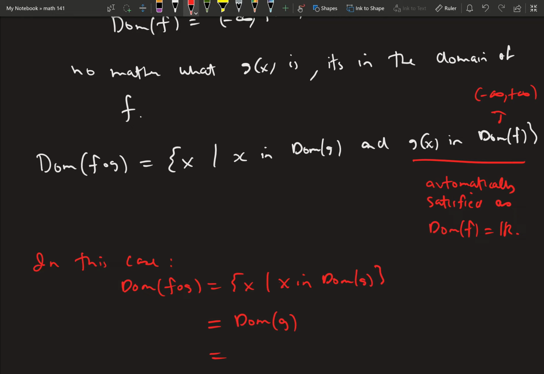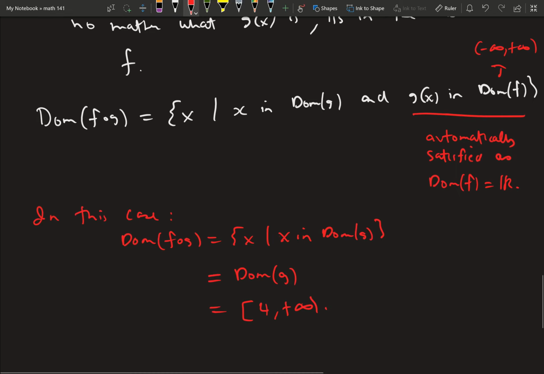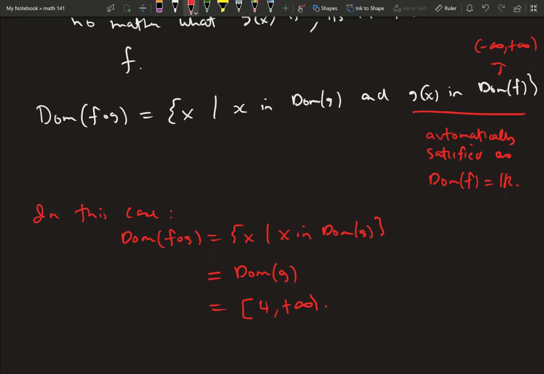So it turns out in this case, it's exactly 4 to infinity. No matter what, it's going to be contained in the domain of g. In this case, it's exactly the domain of g because we don't get any additional restrictions from the second part. So we found the domain, and it turned out to be exactly the domain of g.